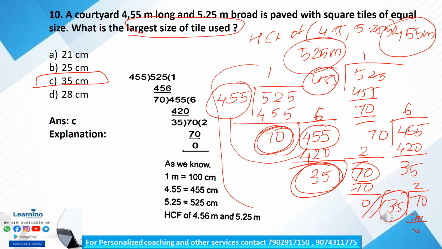Like that, till 0 we have to do the calculation, and at that time the divisor is our highest common factor. Is it clear? So our answer is option C, 35 centimeter.